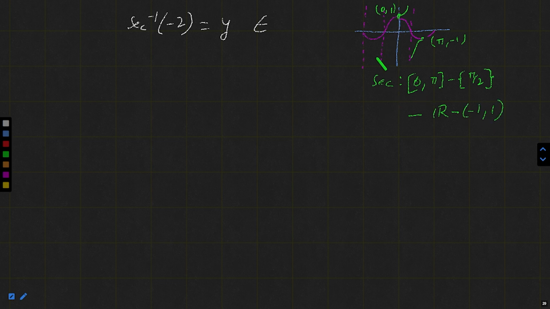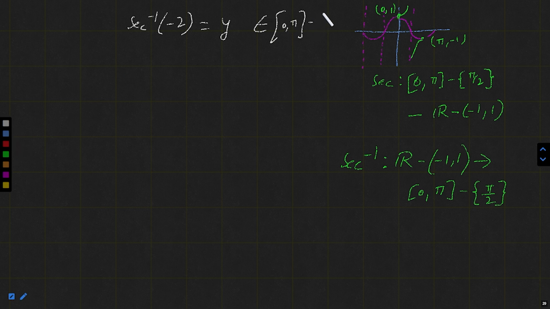So your sec inverse must be from the domain of all real numbers except the open interval -1 to 1, and the codomain or range will be the closed interval 0 to pi, excluding pi by 2. So this y must belong to the closed interval 0 to pi, excluding pi by 2.